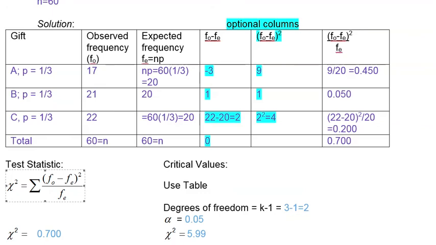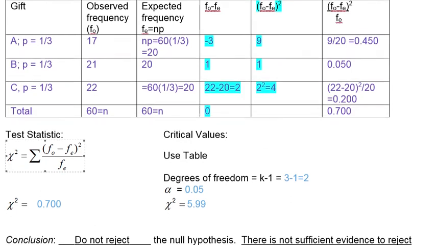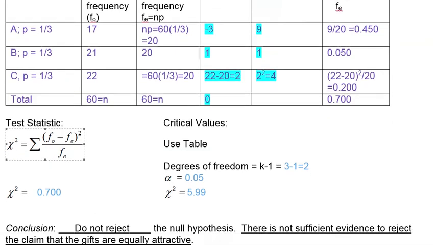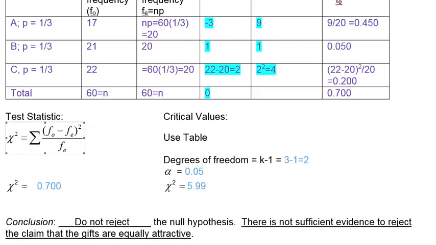So we would say do not, right? We're not in the critical region. Do not reject the null hypothesis. And our conclusion should say there's not enough evidence to reject the claim that they're equally attractive. So same kind of wording that we used in our other hypothesis tests.